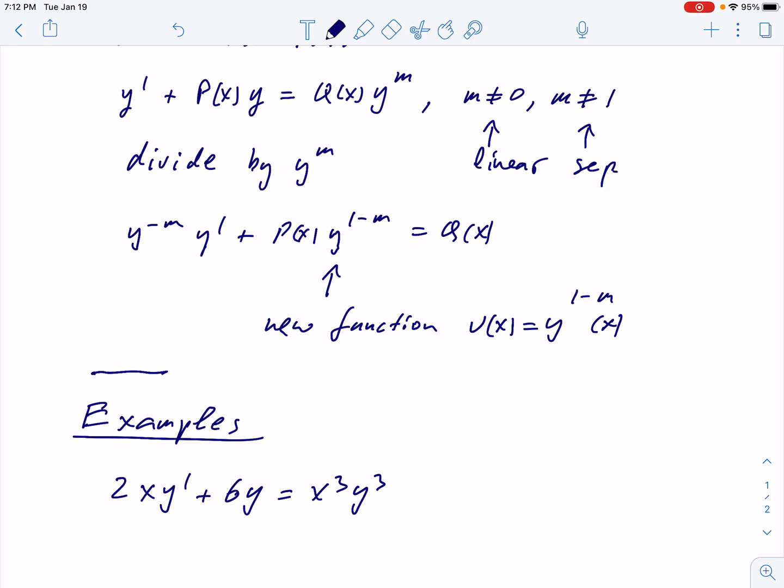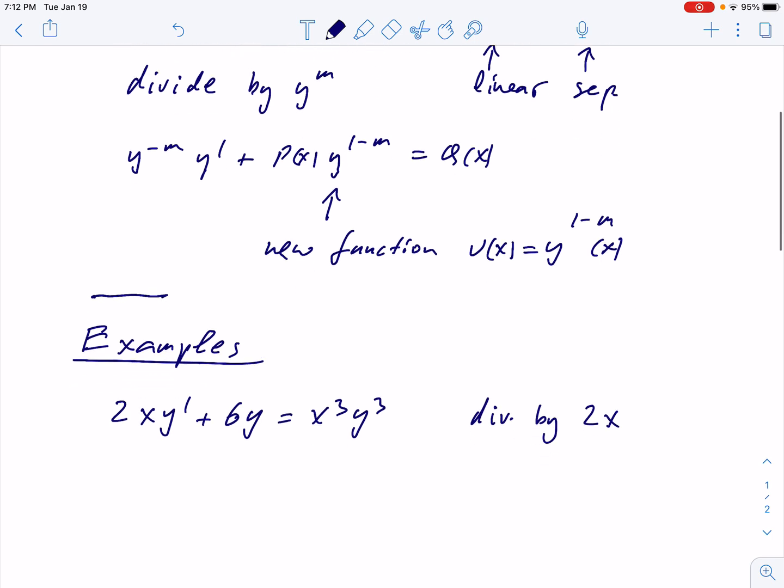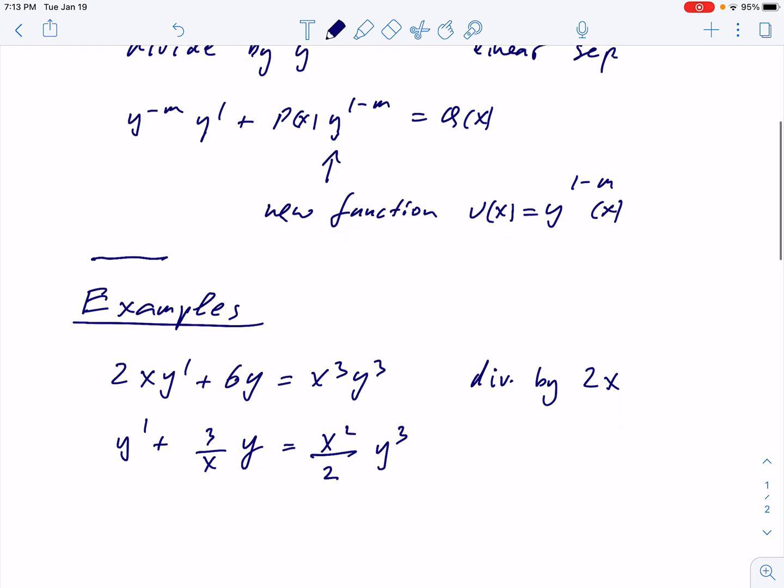Well, this equation is not in standard form, so we divide by 2x both sides to bring it to the standard form. The equation becomes y prime plus, I shall write on purpose this way, 3 over x times y. So I want to separate the coefficient in front of y. And this equals x squared over 2 times y cubed. So this is now a Bernoulli equation in standard form, and we start the procedure.